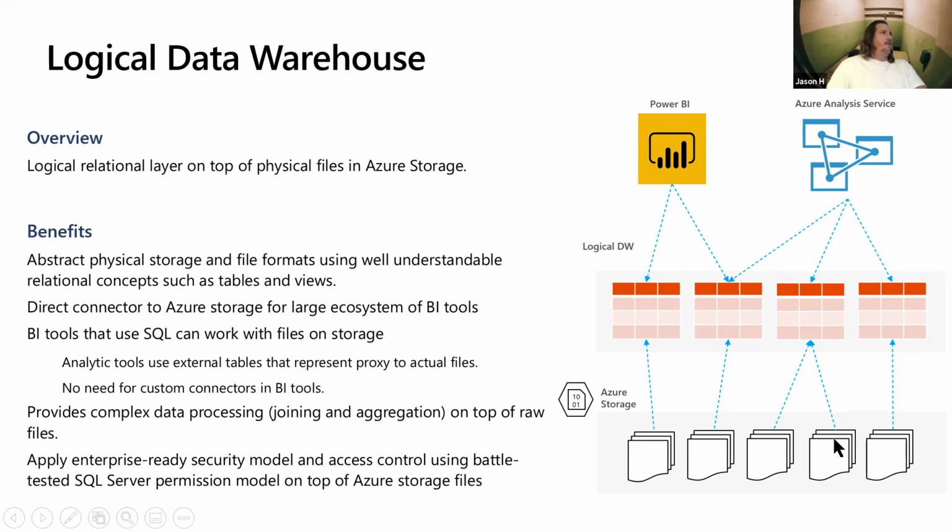They're all based on file structures, right? And that works really well if I've got a caching layer on top of it, like Azure Analysis Services or Power BI data models. They just need to refresh once a day, once every hour, four times a day, something like that. It doesn't need to live in a SQL database.